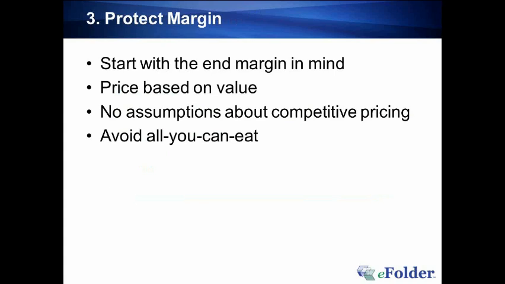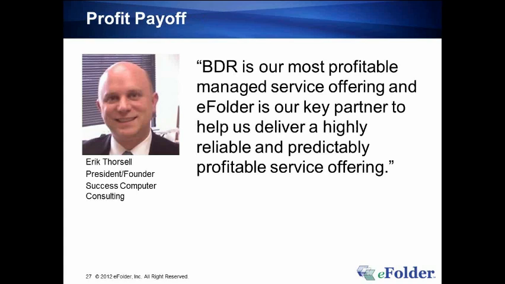And his advice to people is avoid all you can eat, because all of those additional services you can deploy on top of this base offering, you can charge extra for those. And that's how he gets to a 76% recurring gross margin. And his final comment is, BDR is our most profitable managed service offering, and eFolder is our key partner helping us deliver a reliable and predictably profitable service offering.